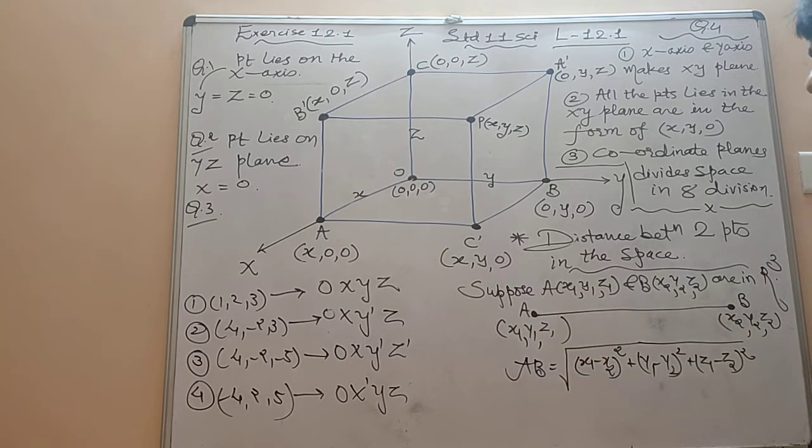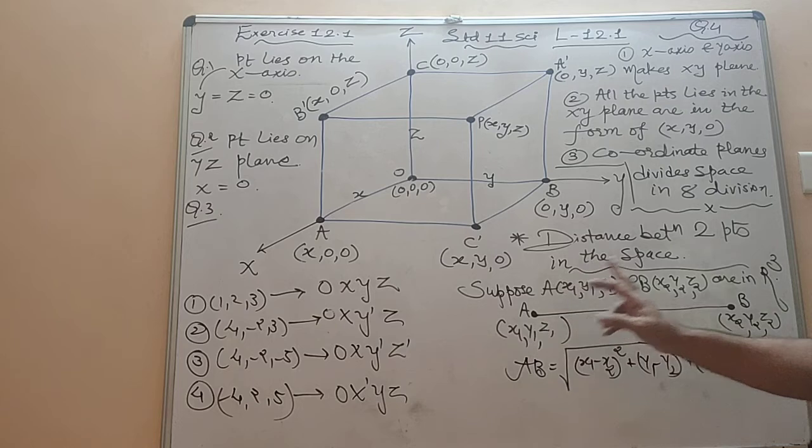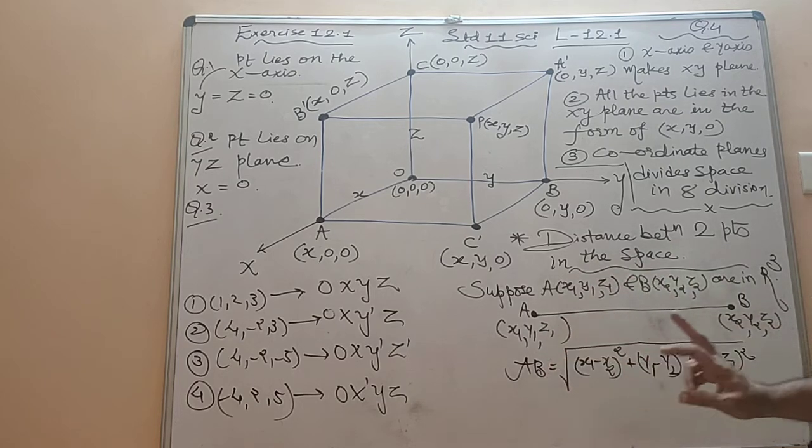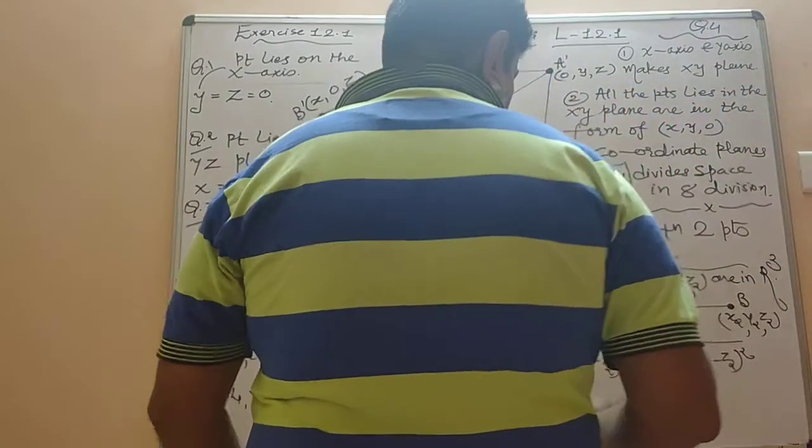A and B, two points are given. How to find the distance between AB? So x1 minus x2 the whole square, y1 minus y2 the whole square, and z1 minus z2 the whole square. You can take the reverse also: x2 minus x1 the whole square, y2 minus y1 the whole square, and z2 minus z1 the whole square. You can write this.